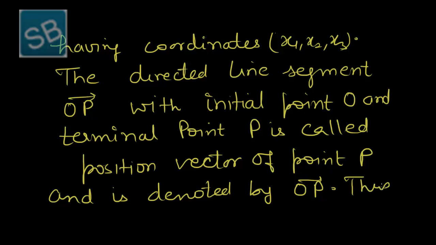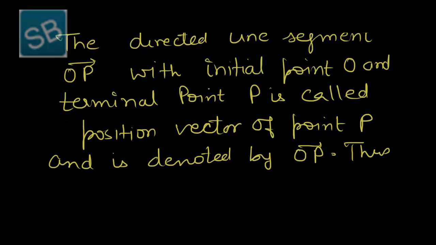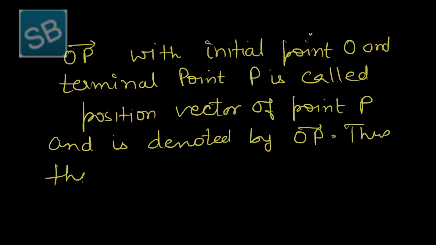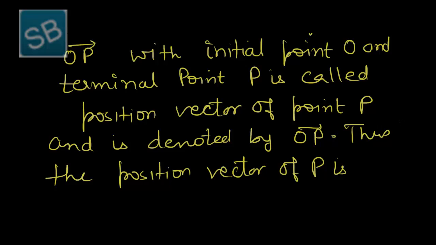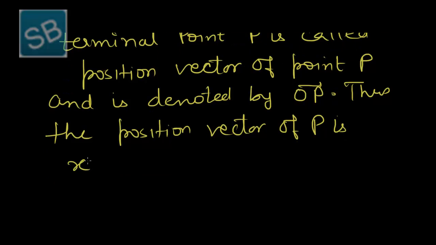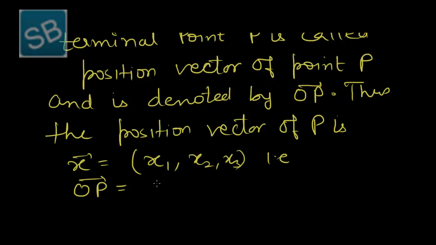Thus, the position vector of P is vector x = (x1, x2, x3), that is OP = (x1, x2, x3).